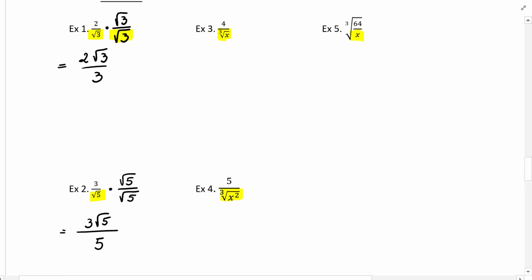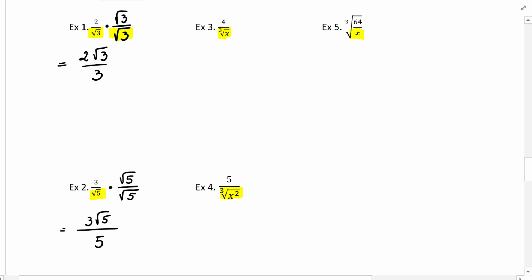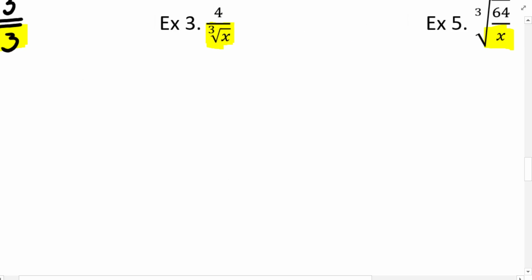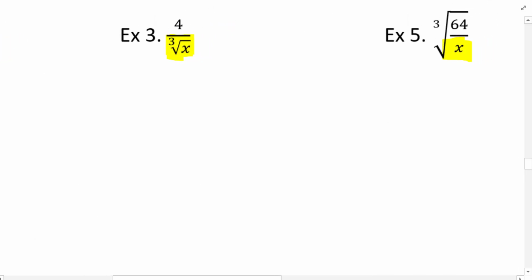Now, if we take a look at example 3, well, this time we have 4 over cube root of x. So if we follow the same thing that we did before, let me just see, what if we multiply by cube root of x over cube root of x, like we multiply the denominator by the same thing?